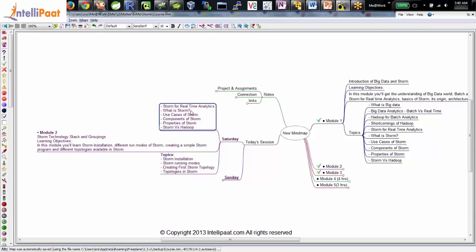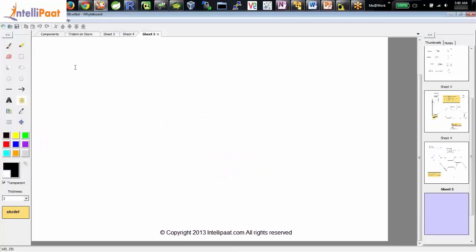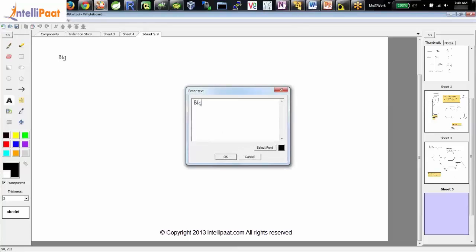Let me ask you a question, Mubarak. What's your experience of big data, and what's your understanding about big data? I'm a big data architect working for a startup here. I've worked on a couple of POCs and one production system, developing applications on Hadoop, using a little bit of Sqoop and Flume.